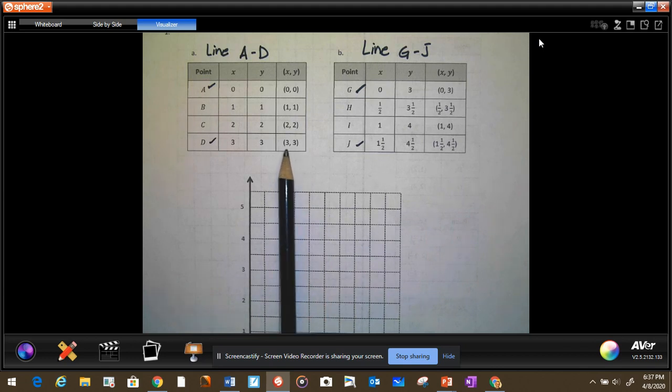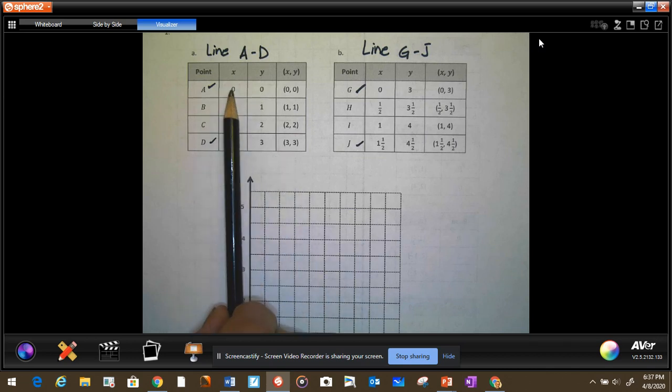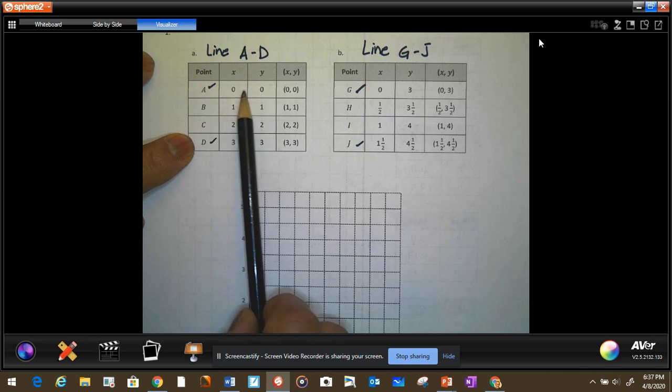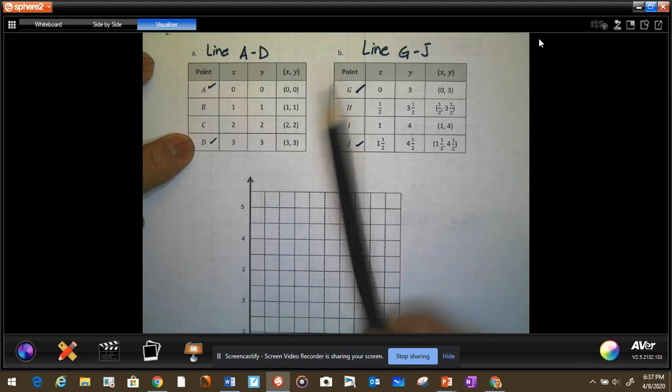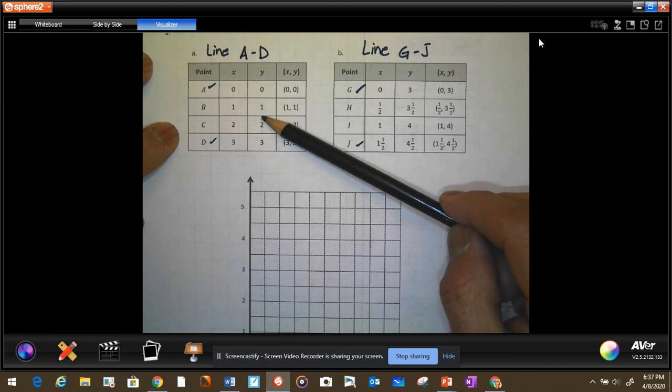Now let's analyze each of the coordinates by themselves. X goes from 0, point B is 1, point C is 2, and point D is 3. Notice that it's increasing by ones. And y is doing the same thing. It increases by 1.